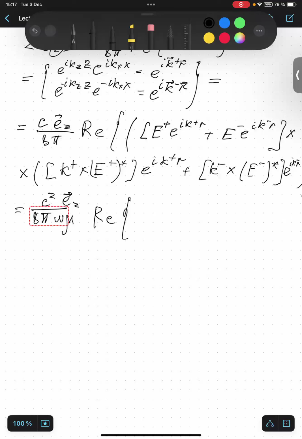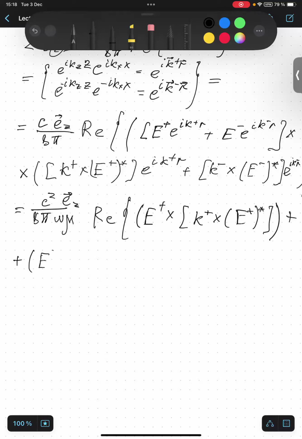Yes, let's rewrite it. E plus, vector product of E plus times E plus conjugated. Second term is identical but with minuses.